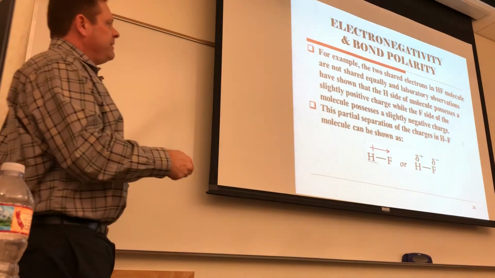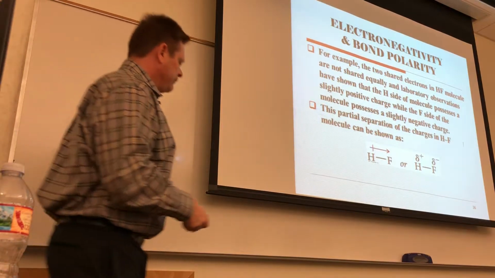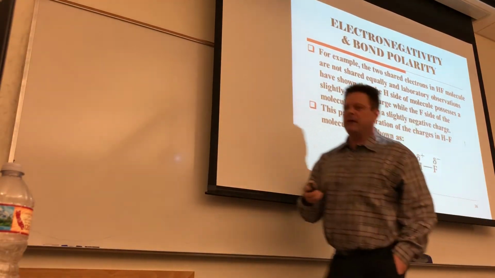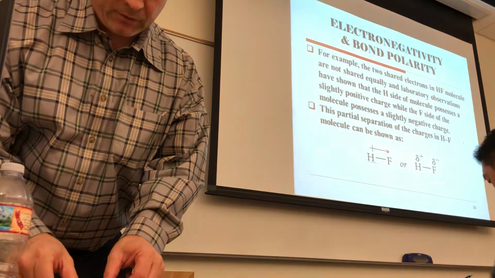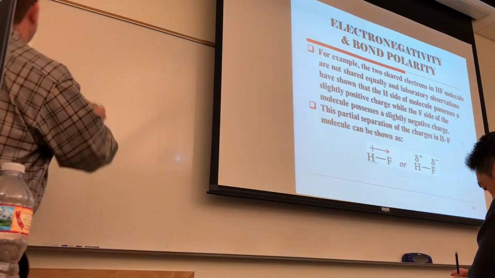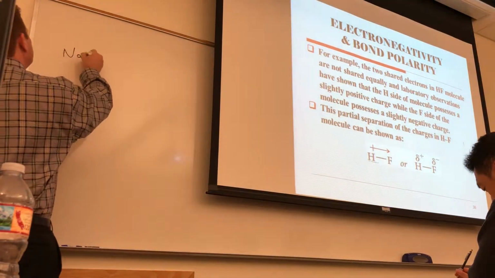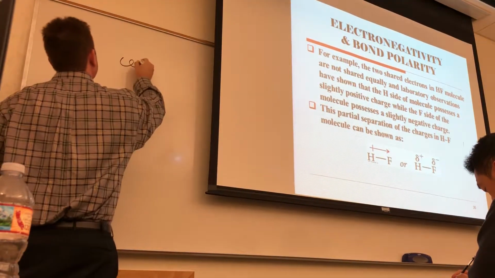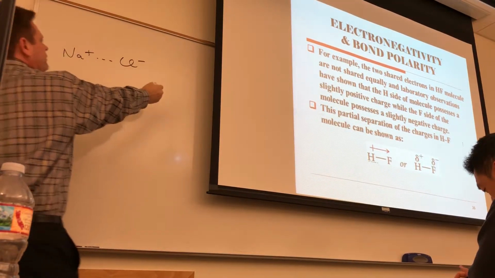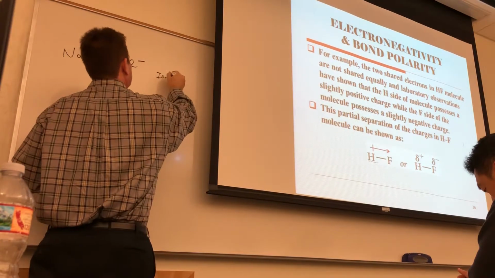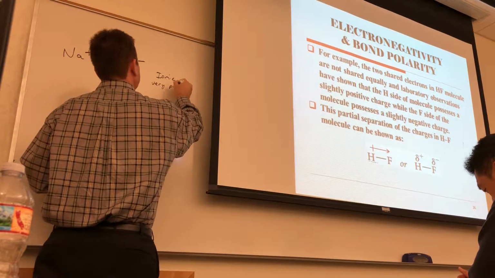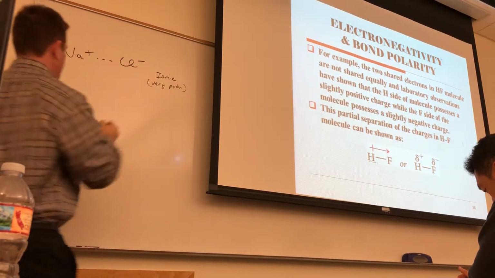One way to represent this, so if I have something like hydrofluoric acid, I have two representations here. In fact, let me write up the different things that are possible. If I have sodium plus ion, chloride minus ion, and a bond there, this is the most polar, so this is ionic, and very polar.